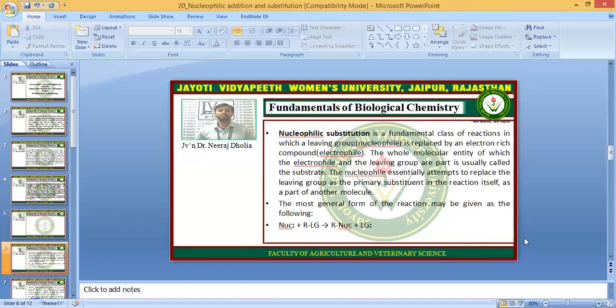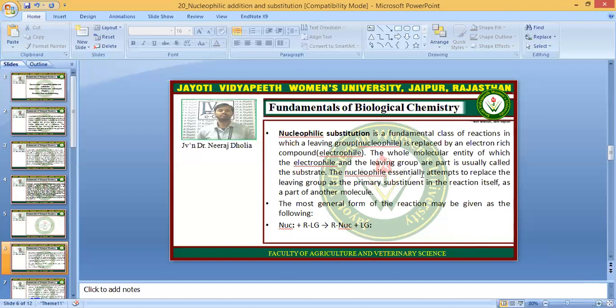So what is nucleophilic substitution? It is a fundamental class of reaction in which a leaving group is replaced by an electron-rich compound, the nucleophile. The whole molecular entity of which the electrophile and the leaving group are part is usually called the substrate.